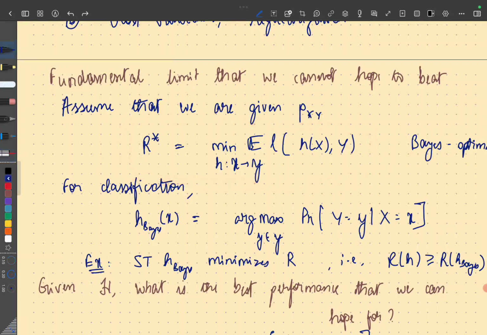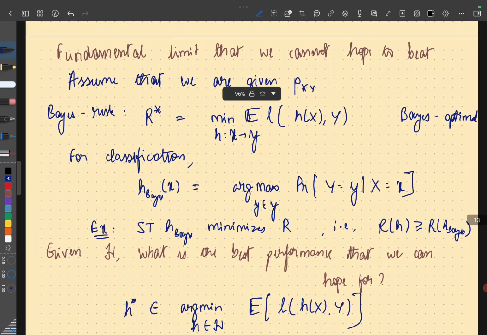Right, so this is what I'll call the base risk. Any other questions?